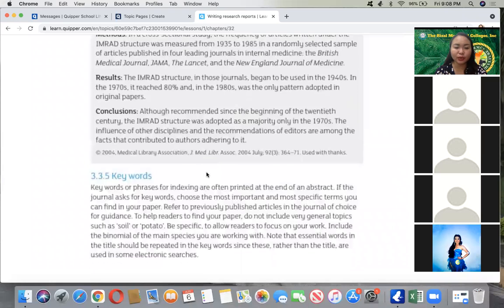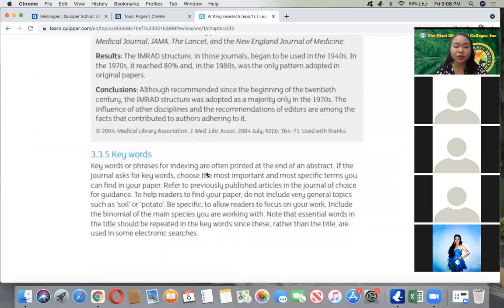Let's say your title is agricultural practices in Davao region, or the best practices in agricultural practices in Davao region, for example. Your keywords can be agriculture practices, then Davao region. Although you really just copied the title. But these keywords are very important because this is what people or readers search with; it's the first thing they see, like their reference. Journals also use them for indexing.